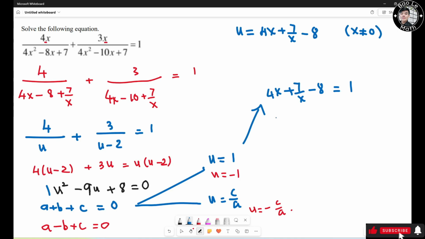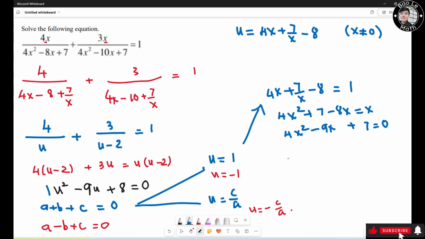Now multiply both sides by s. So you have 4s squared plus 7 minus 8s equals s. Now I'm going to move this over and simplify. It turns out to be 4s squared minus 9s plus 7 equals 0. This one is impossible to factor, so we need to use the quadratic formula.